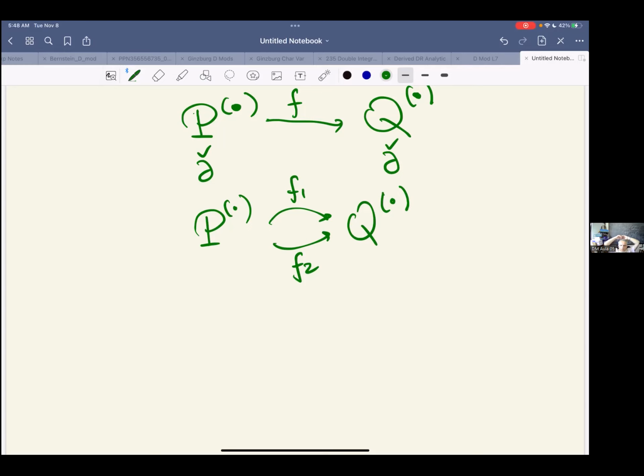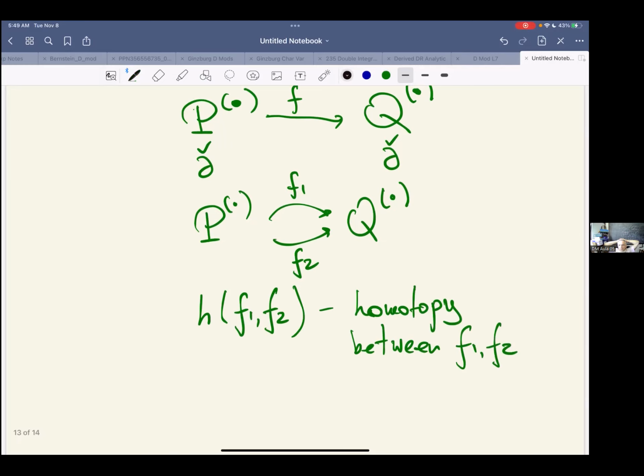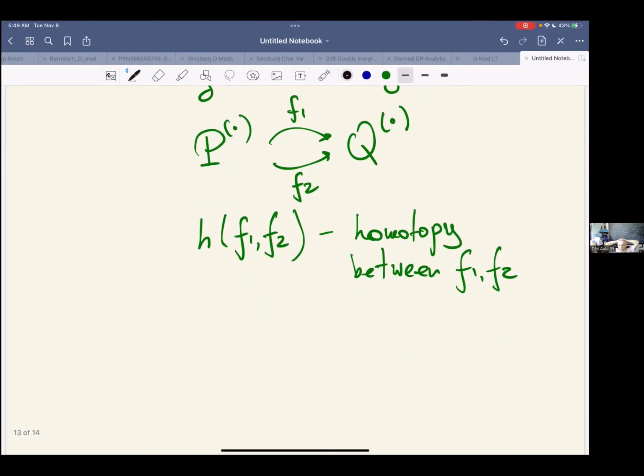Basically, because if you have two, then for any two, you have a homotopy between F1 and F2.